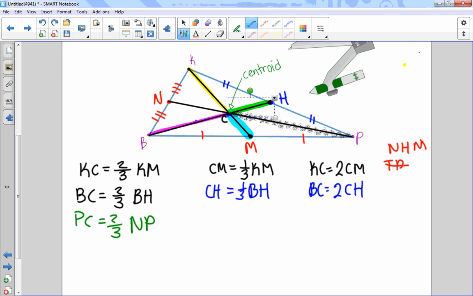And new color. N to C is 1/3 of what length? The whole thing, N to P. So along this side, PC, you need 2 NCs to be equal.